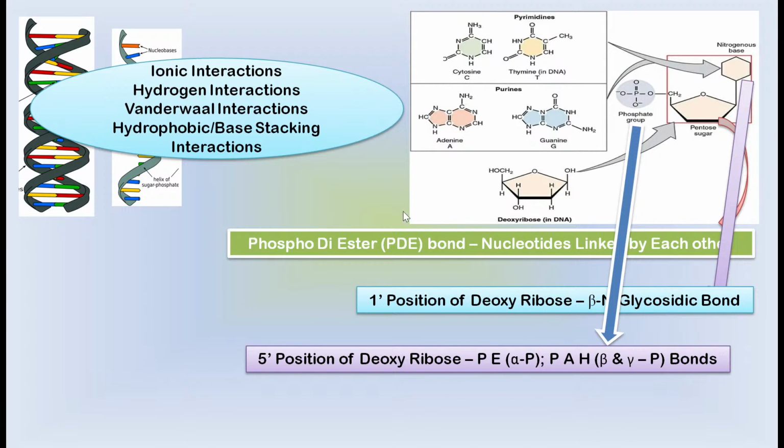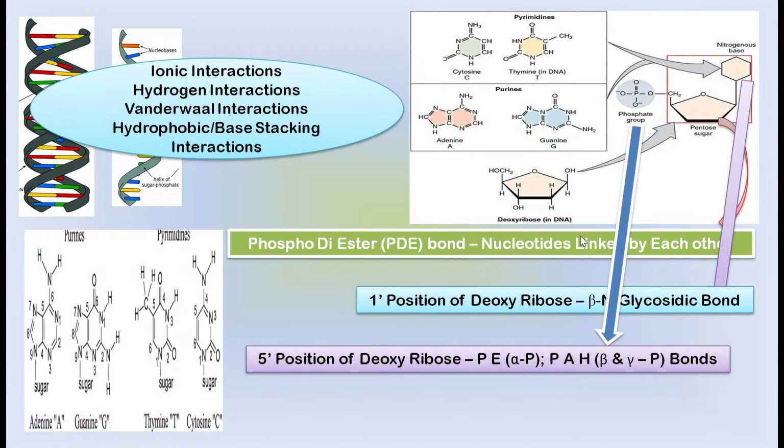First, between nucleotides there is the phosphodiester bond, which is a covalent bond, and between sugar and the nitrogen bases, there is the beta N glycosidic bond. Whereas in case of sugar and phosphate, the first phosphate is linked to the sugar at the 5th position by a phosphoester bond, and the second and third phosphates are linked by phosphoanhydride bonds. These are the different types of bonds in the DNA molecule.